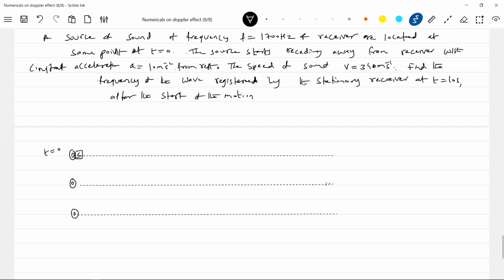So he's asking to find the frequency of the wave registered by the stationary receiver at t equal to 10 seconds after the start of motion.